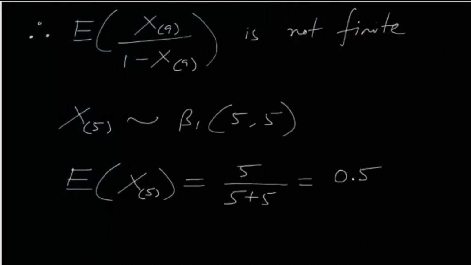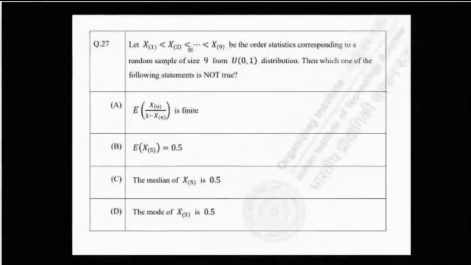Since the option says it is finite, option A is not true. So option A is the correct answer to this question, but we can just see why the other options are true.